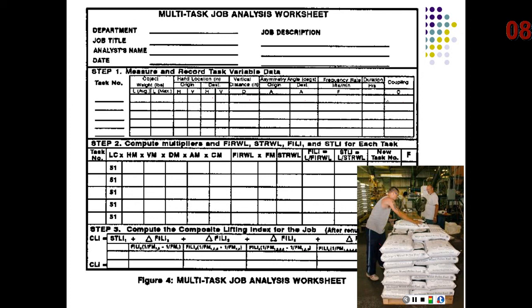And so that might be layer 2, layer 3, layer 4. You would have to measure all those variables for that layer, so for that particular task. But again, it's very tedious. You want to use some software to do this.